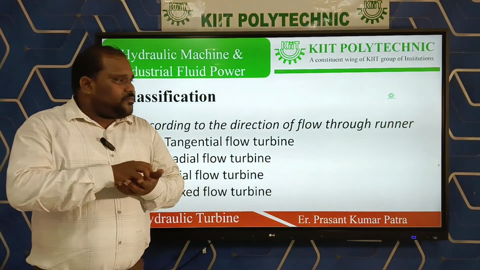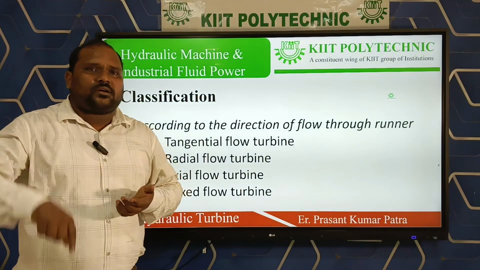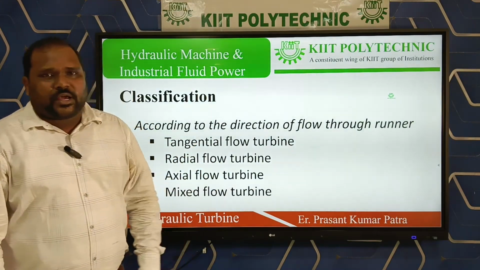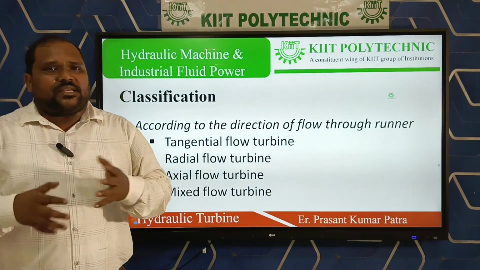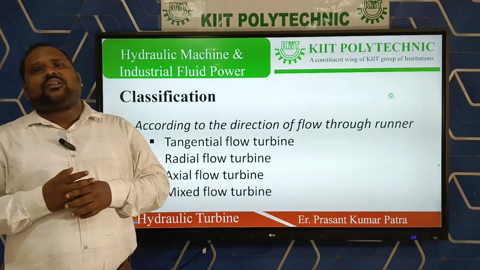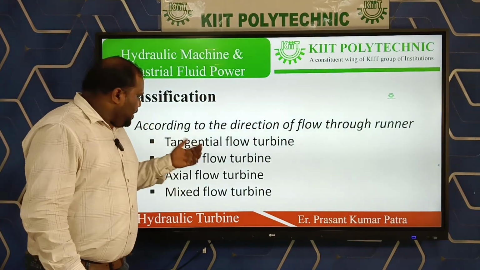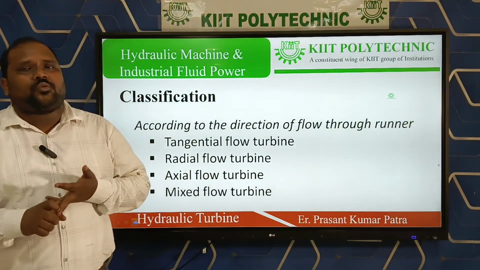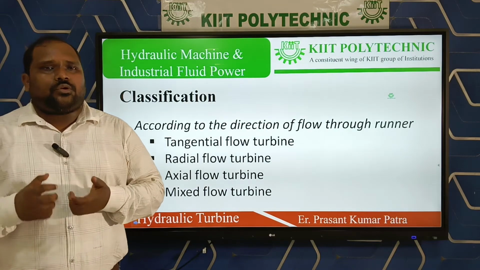According to the different types of flow of water to the runner, turbines are classified into four types. The first is the tangential flow turbine, the second is the radial flow turbine, the third is the axial flow turbine, and the fourth is the mixed flow turbine.